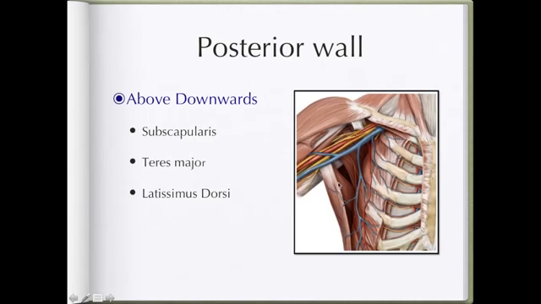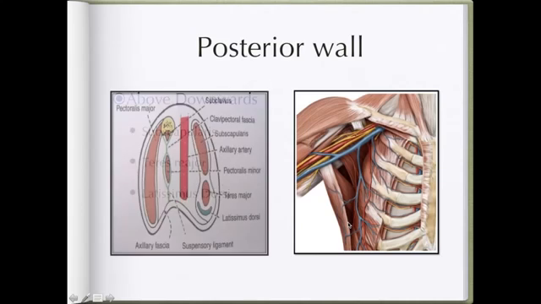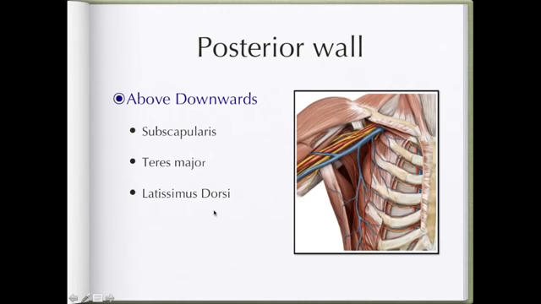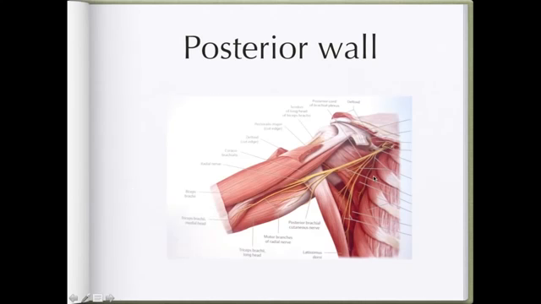So from above downward, the posterior wall has subscapularis, teres major and latissimus dorsi muscle. The posterior fold of axilla is formed by the lower border of latissimus dorsi and teres major muscle. Here you can again see the posterior wall: subscapularis, teres major and latissimus dorsi.